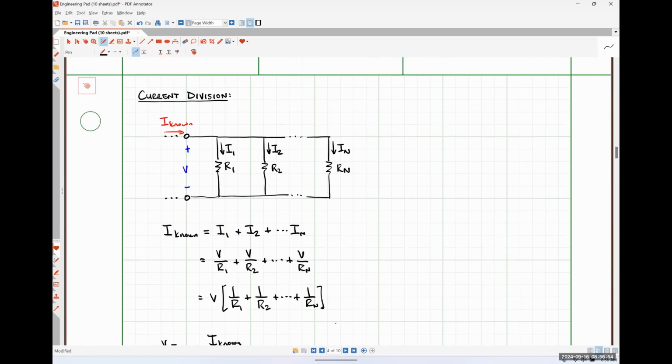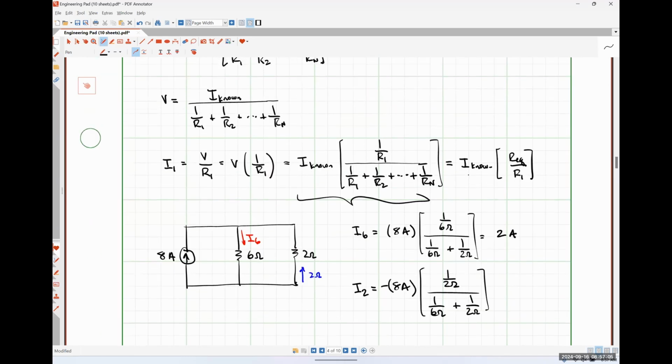So if we look at how we defined things in the beginning, I known flows in, and then it splits up and flows down through all of those resistors. Well, I2 is flowing up in the opposite direction, so we need to include the opposite sign.